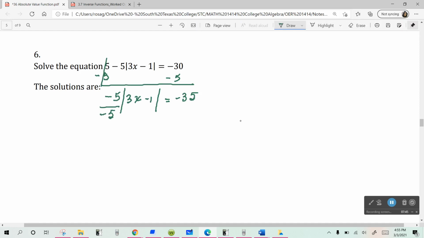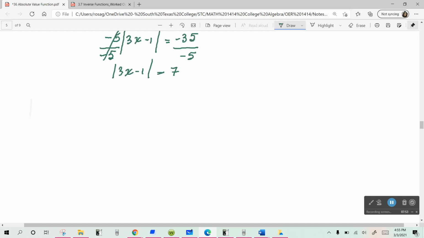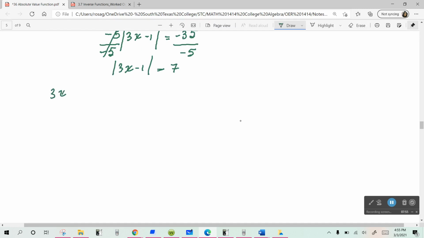Divide by negative 5. And now this is what I'm left with, so I'm going to ignore it first. Just copy it and take that out. Divide by 3.